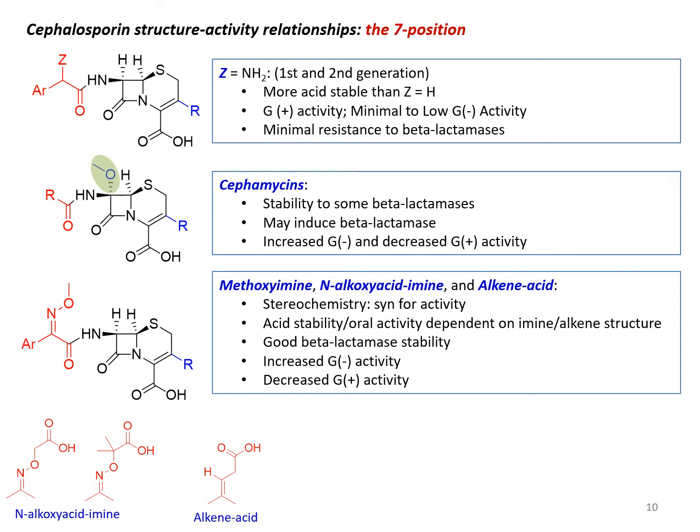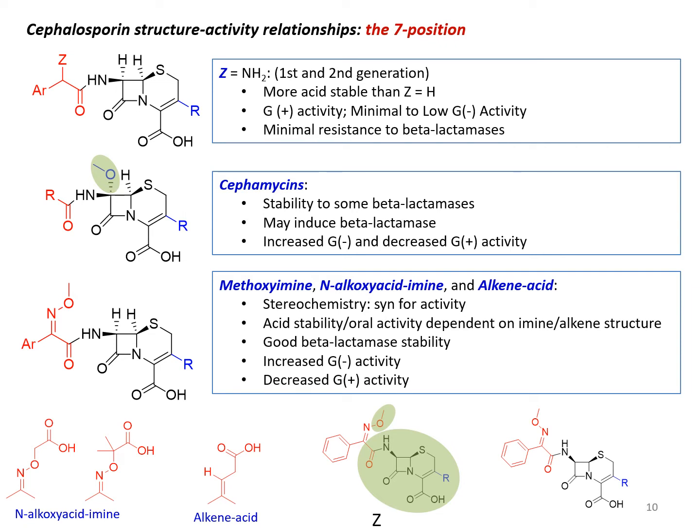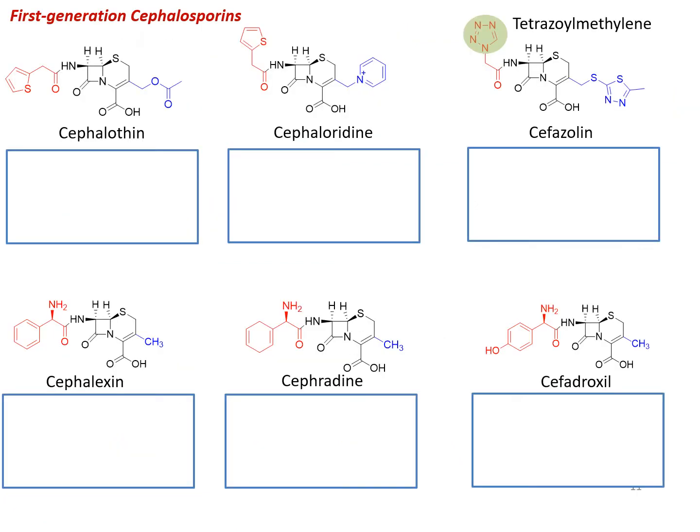The E almost does not pose any resistance to beta-lactamases. You can easily determine the stereochemistry by assigning the priorities of the substituents on each of the atoms of the double bond. If both are on the same side, it would be the Z stereoisomer, while if not, this will make the E stereoisomer.